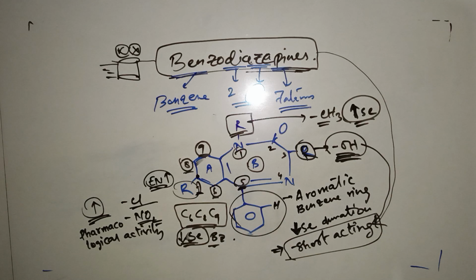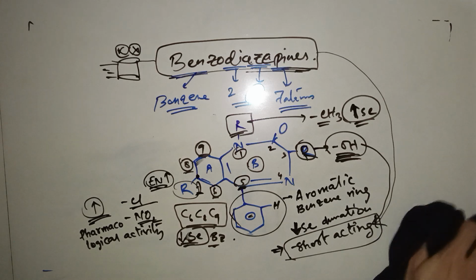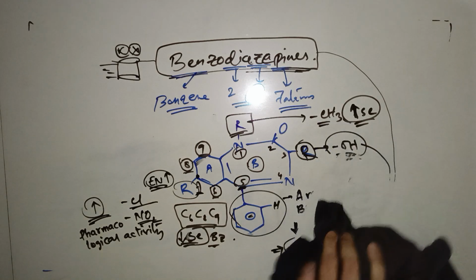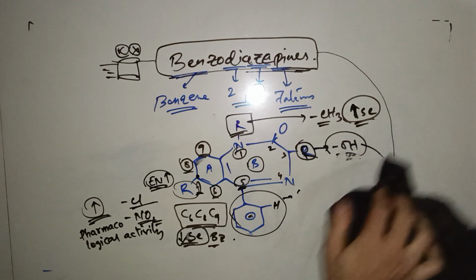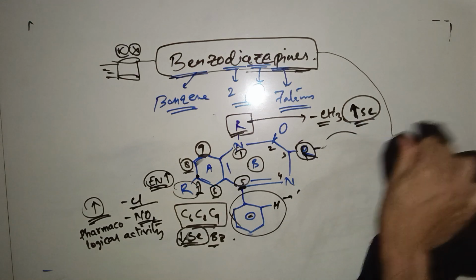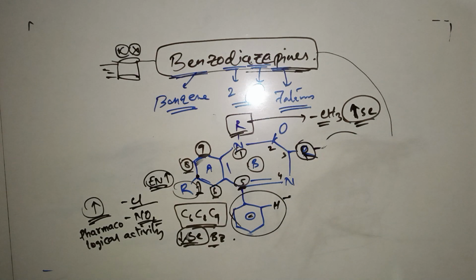The next point is the modification or changes in ring C. In the C ring, if any highly electronegative atom is present at the ortho position, ortho position means the second carbon. See, this is the ortho position, this is the meta position, this is the para position.